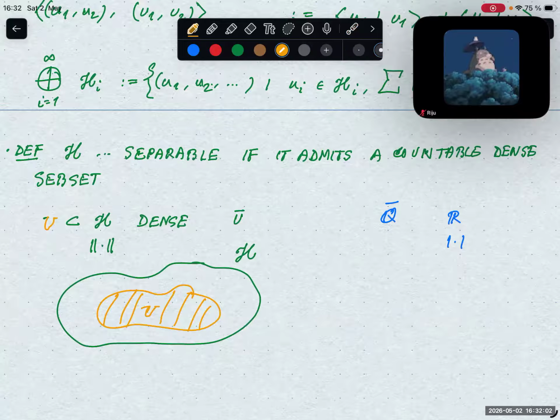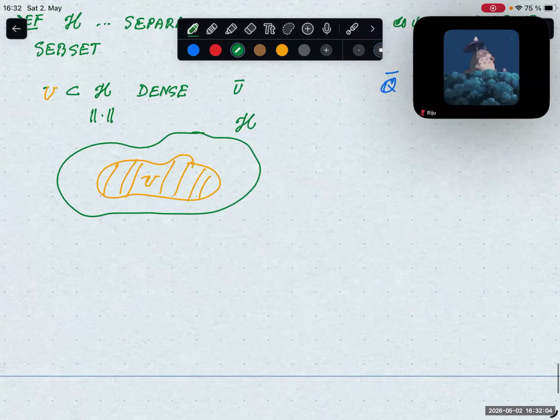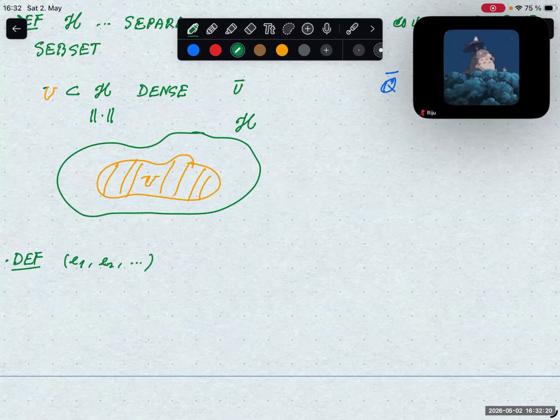Okay, now I introduce another definition. Let e1, e2, and so on be a sequence in a Hilbert space.